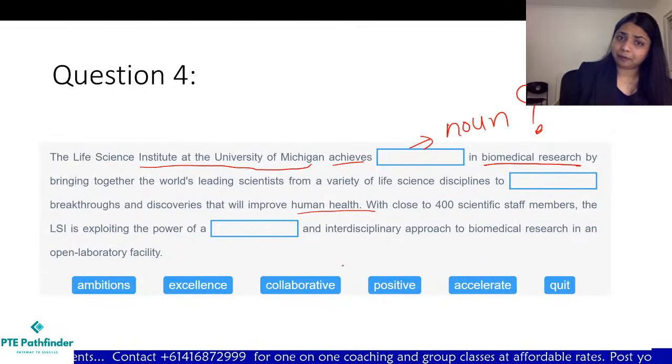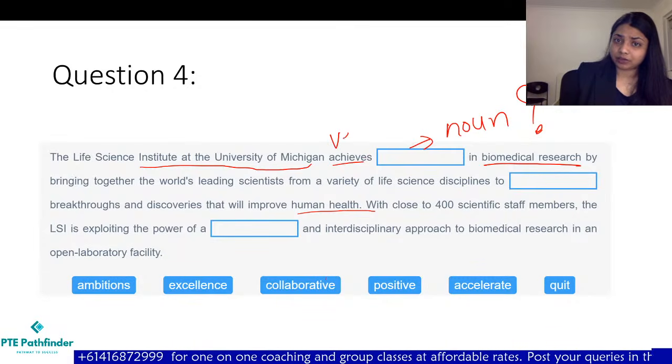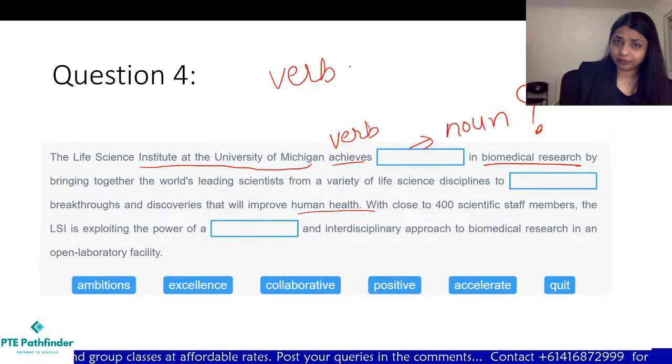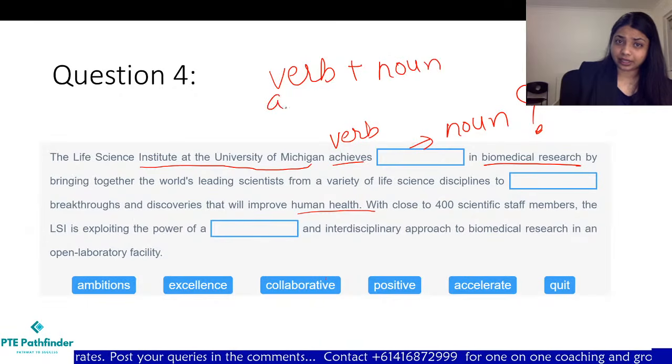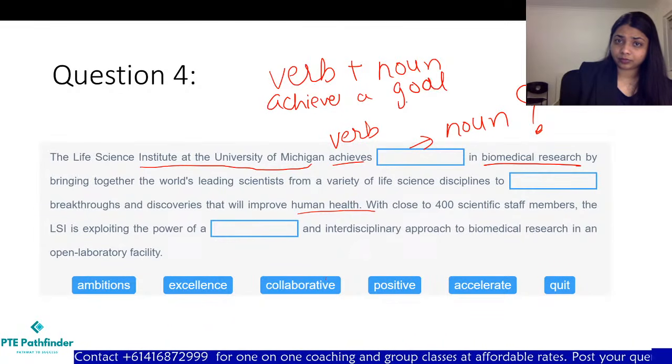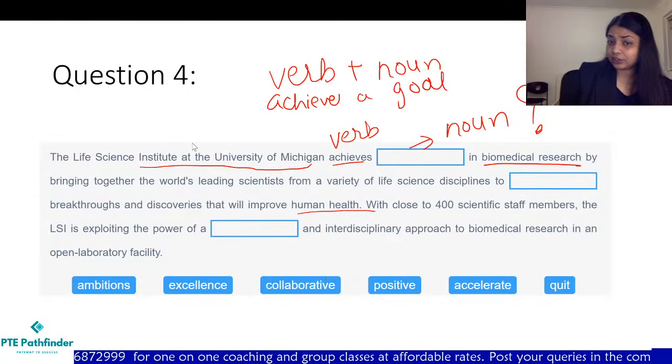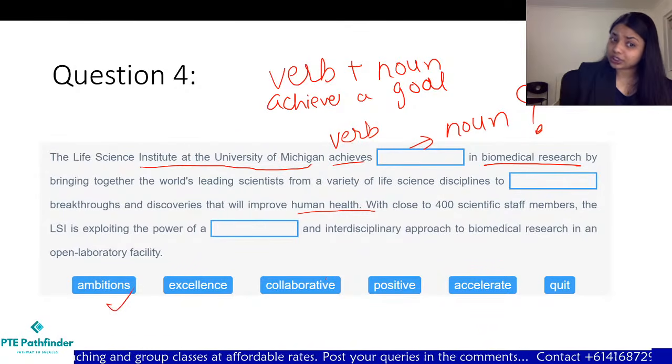So here, achieves is a verb. There is a collocation, a combination, for example, a verb followed by a noun. So for example, achieve a goal. So you can achieve a goal. You can achieve ambitions as well.